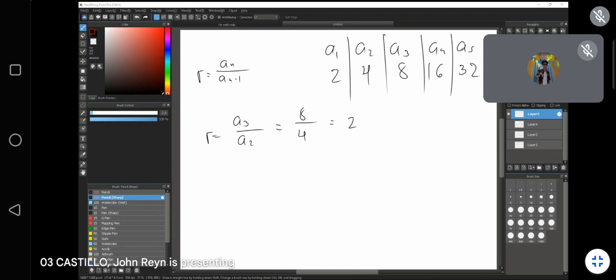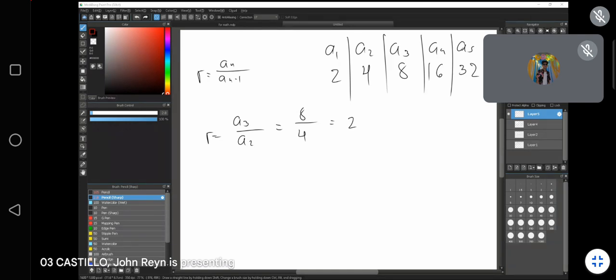Those are just representations of your terms. The A subscript N is not the A1; it should be the current term.